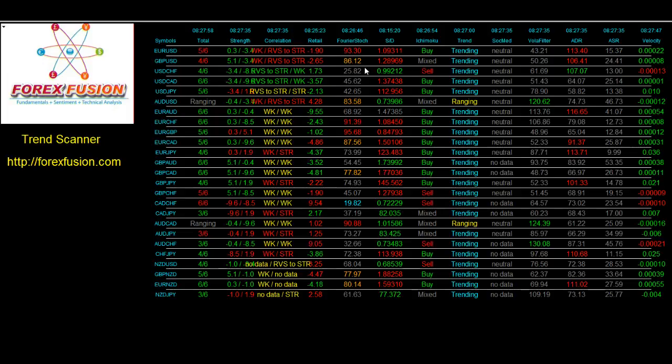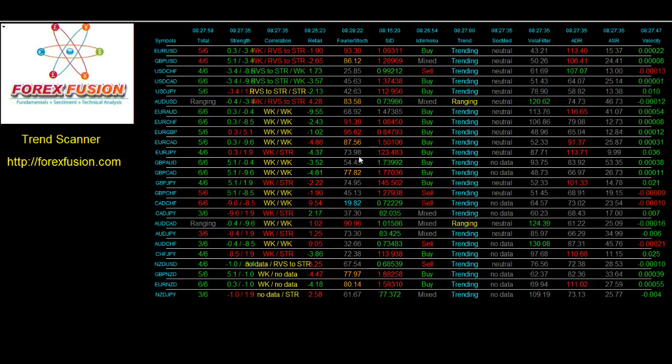There are two levels of overbought, oversold. There is a weak overbought, oversold, and a strong overbought, oversold. I believe the defaults are 75 and 25 for the weak levels and 90 and 10 for the strong levels.